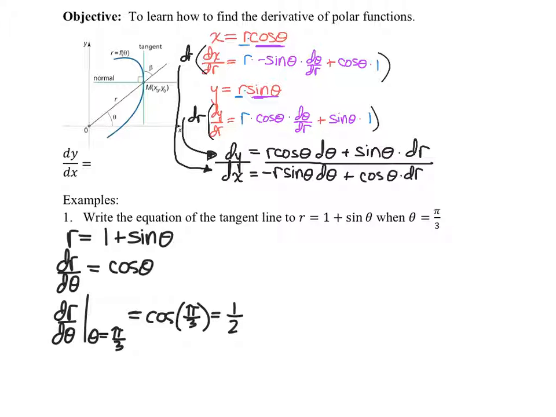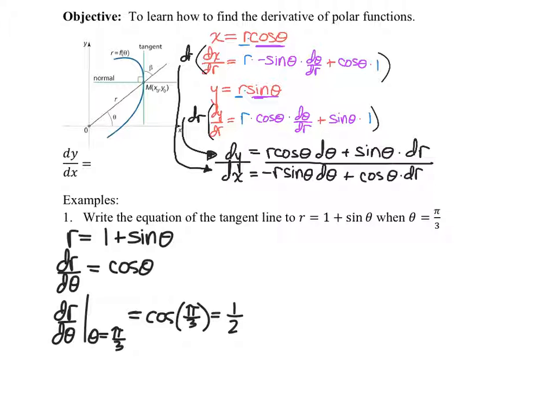Now, what we want to do is develop a way to get this information into the formula. All right, so I used some algebra to clean up my dy dx, and it made it a little more concise than it was, and that's fine. But I don't see any dr d thetas in there. I see a d theta and I see a dr, but I never see them at the same time in the form of the ratio.